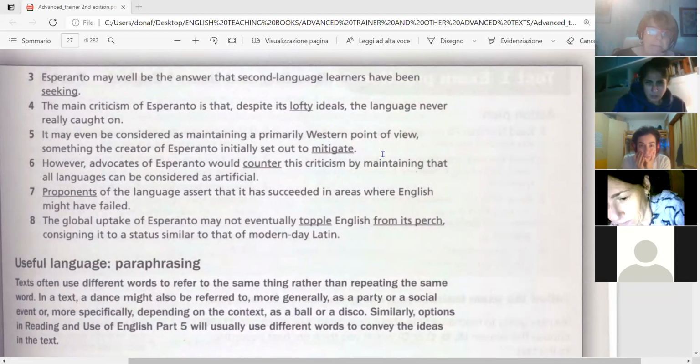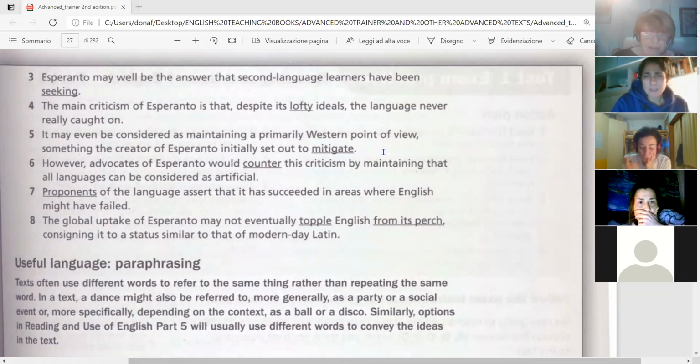Set out to mitigate, to make it simpler. More to reduce or minimize. Minimize. Yeah, and it is more than make it simpler, because mitigate is almost reduce. Reduced, okay.